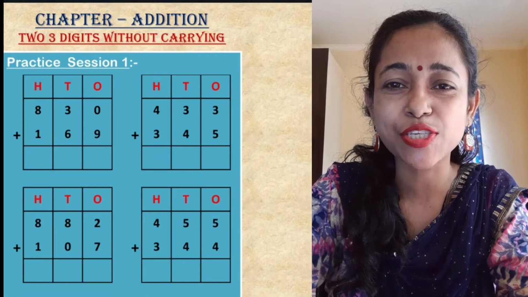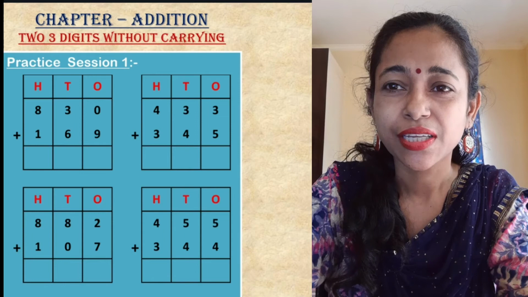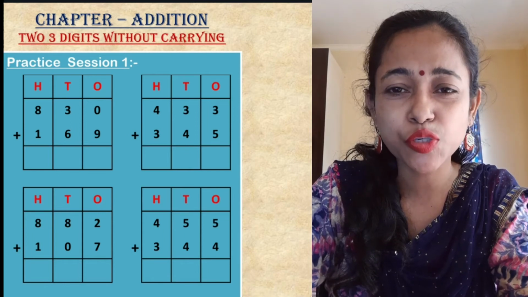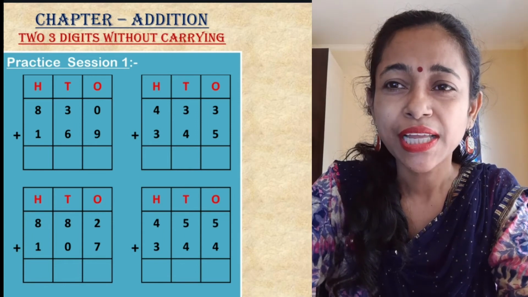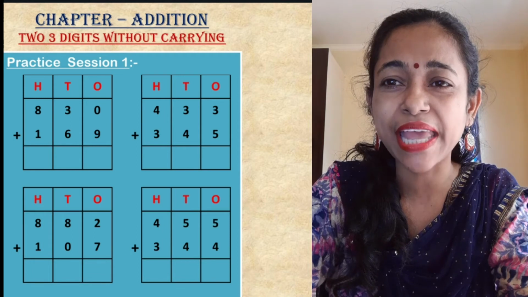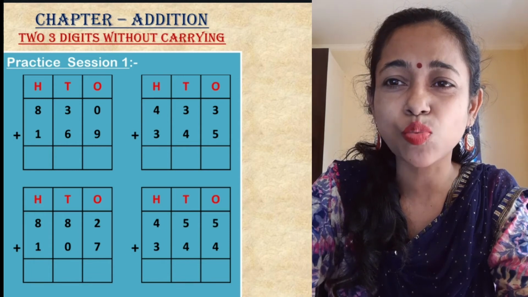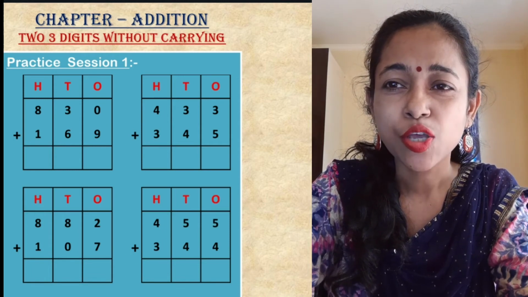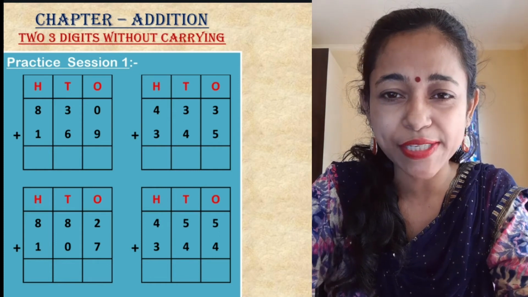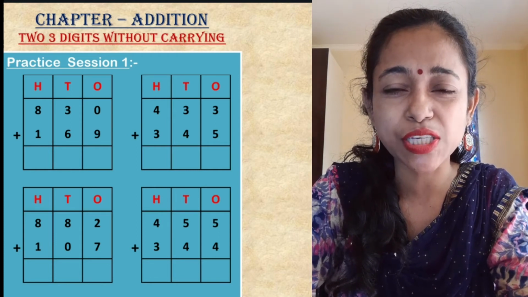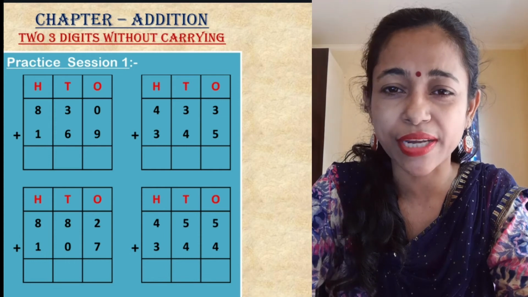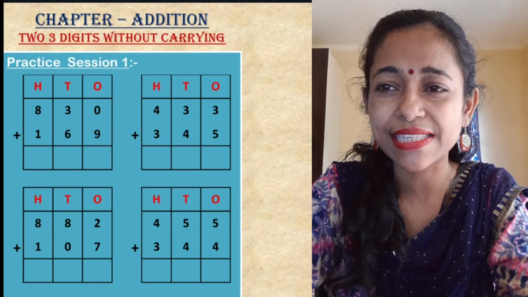Now let's get into the first practice session. You have 4 sums which you all have to do in the notebook. The first sum is 830 plus 169. So you will start adding from the ones place and then you will proceed to the tens and then hundreds. Now let's see the next sum.